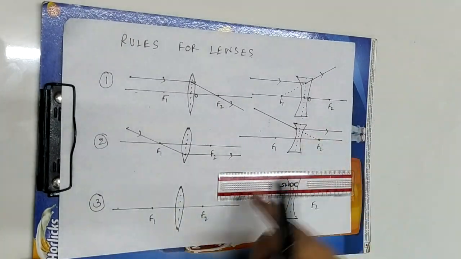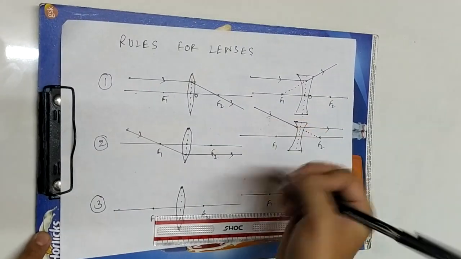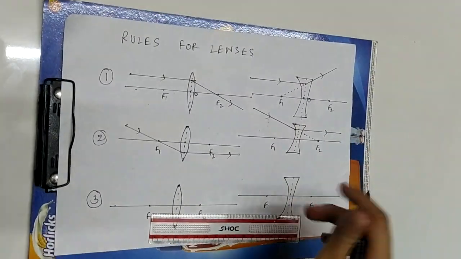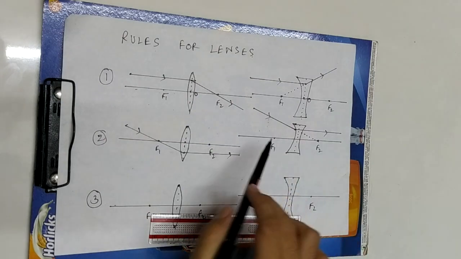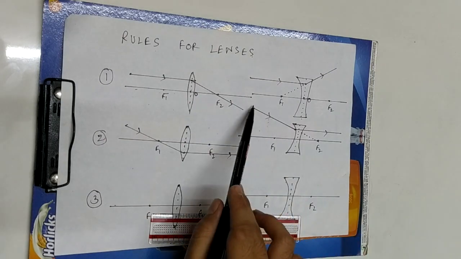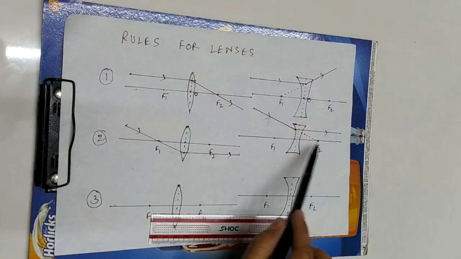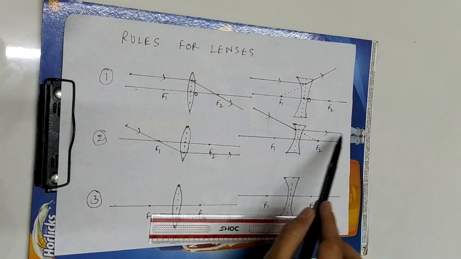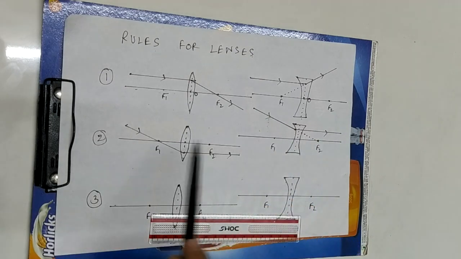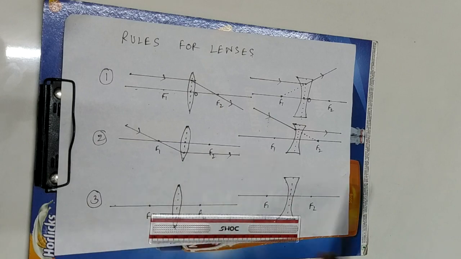In both cases it will become parallel, but you have to remember, a concave lens is a diverging lens, so the rules will be altered a little bit. So a ray which is appearing to pass through the focus will become parallel to the principal axis after refraction. In convex lens it is easy.